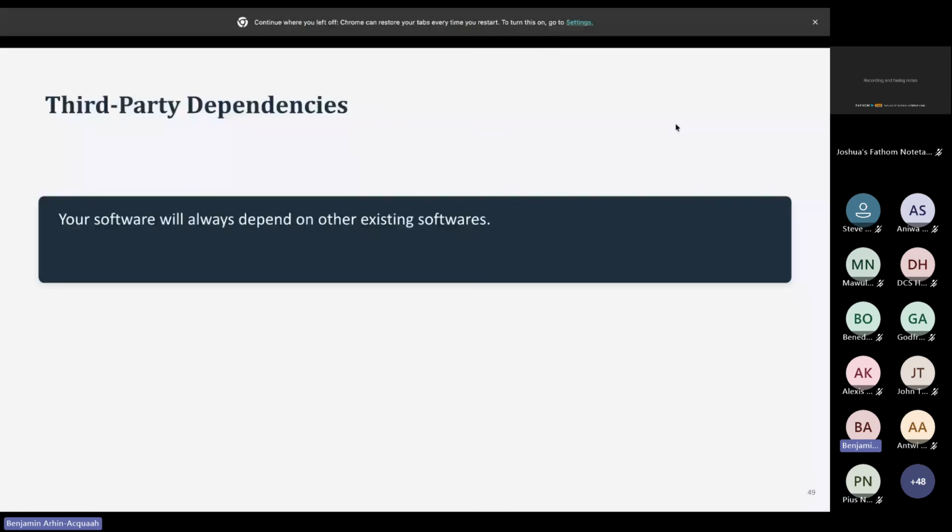So, dependencies. Your software will always depend on other software to achieve the functional requirements or to solve the problem that you want to solve.